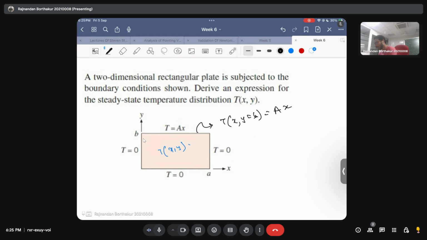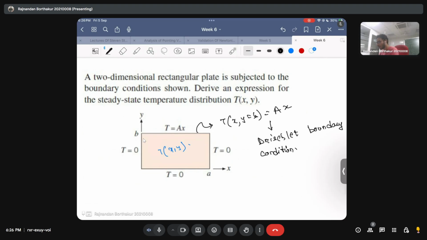This boundary condition is known as a Dirichlet boundary condition, where we are just prescribing the value of the dependent variable.